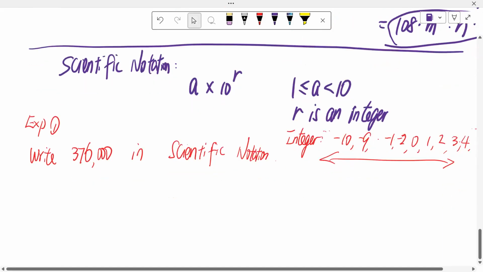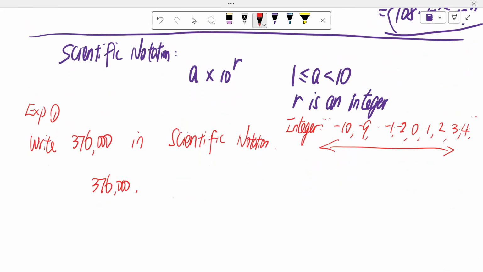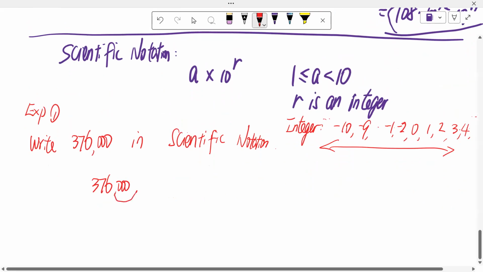So the typical thing we will do: we first write 376,000 and put back the decimal point. Now we're going to move the decimal to the left 5 units, right? 5 units is the proper one. When we move the decimal to the left 5 units, we get 3.76, and that's a number between 1 and 10.